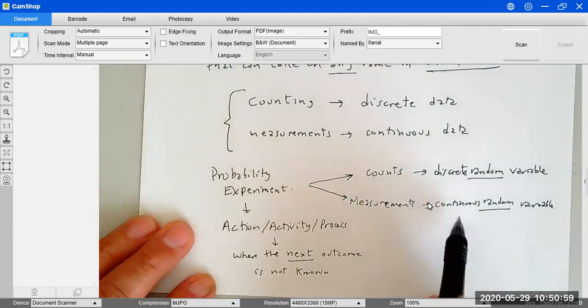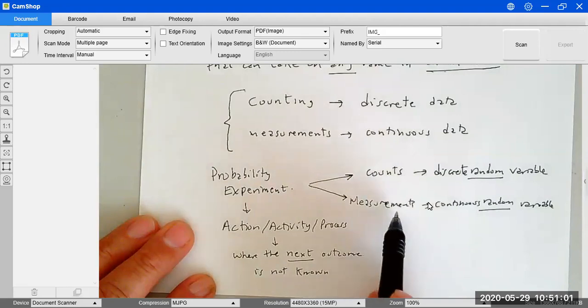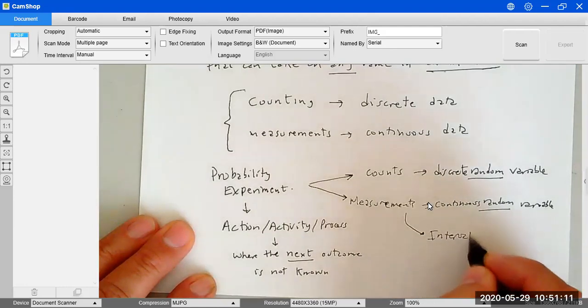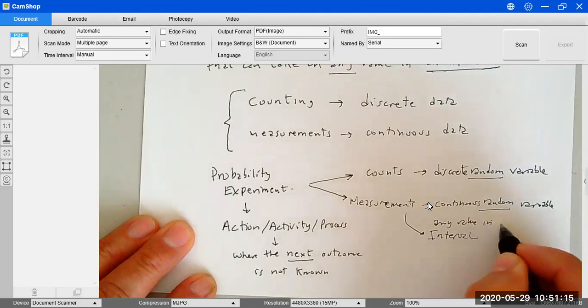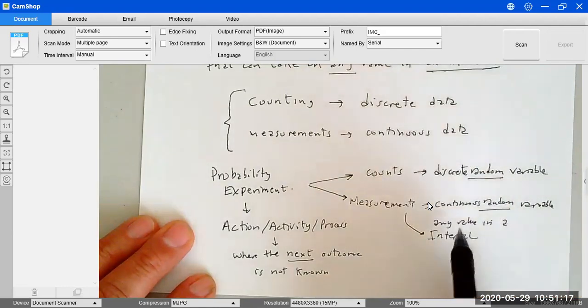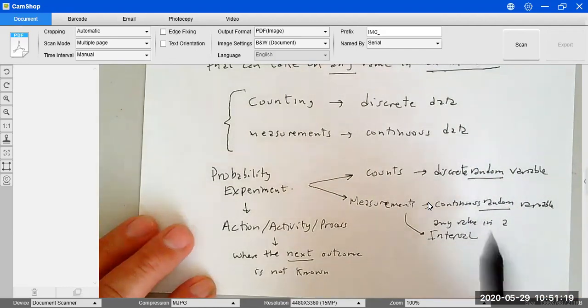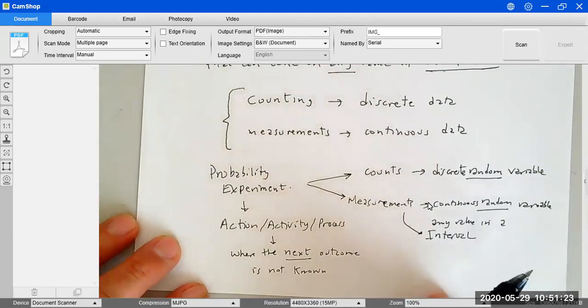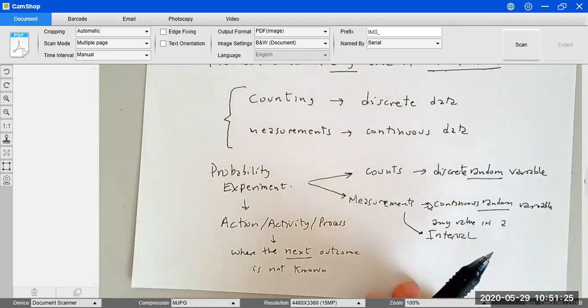It's continuous because it's the result of measurements, and usually you cannot list all the possible measurements, so you talk about intervals. Any value in an interval is going to be a continuous random value, so you're going to have a continuous random variable because of that.